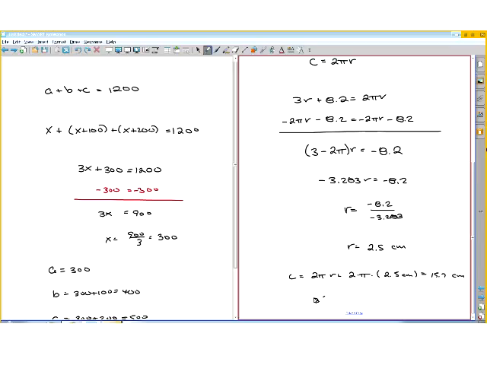And if we do the same, what they said is we triple the radius. So 3 times r plus 8.2 centimeters. 3 times 2.5 plus 8.2. We get 15.7. So that checks. We did it correctly.